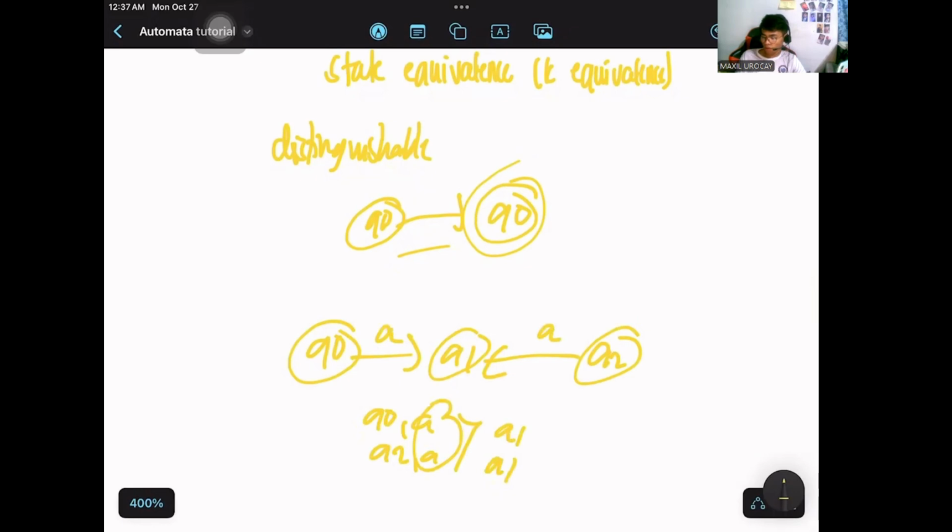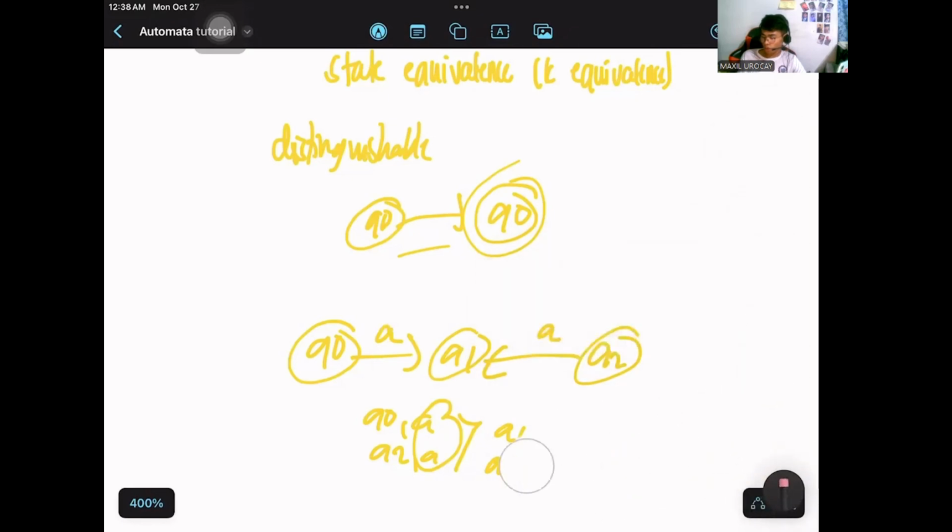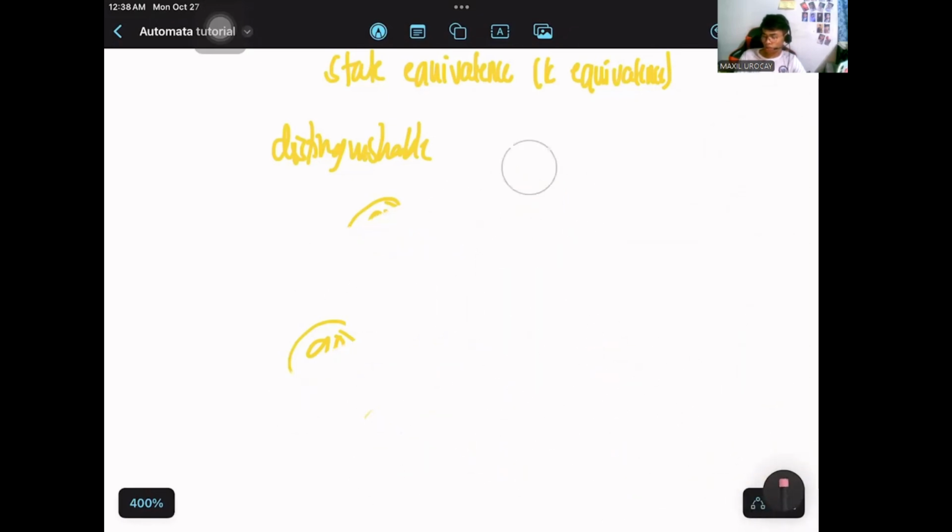But if Q0 to Q1 with A is different, and Q0 to Q2 with A is different as well, then it depends. We'll run through how distinguishable is defined later on, in our next video.